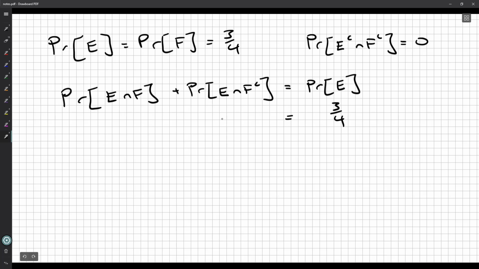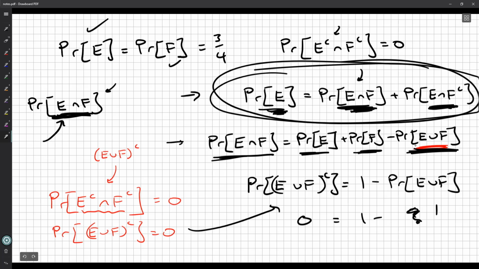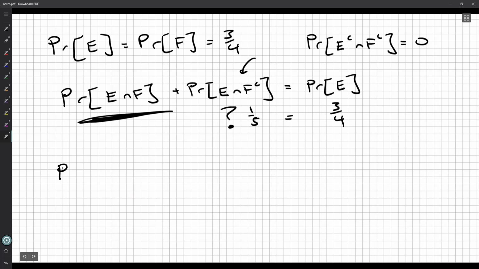So if, and it's a big if, but if I knew this, if I knew that this was, say, 1/5 or something like that, I'd be able to solve for the one that I do want, the probability of E intersect F. So if I could just work out this, in the same way that the first time we did this question, if I could just work out E union F, we had to do a little bit of extra work. Okay. So now I think, all right, I would really like the probability of E intersect F complement. If only there was some way to find that.